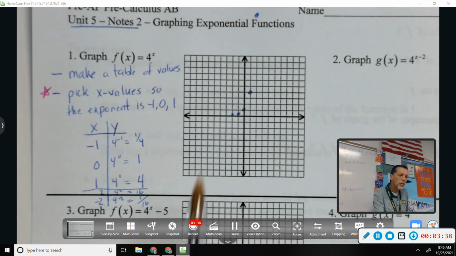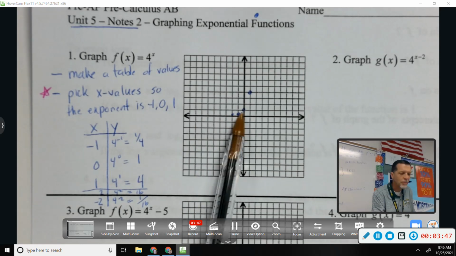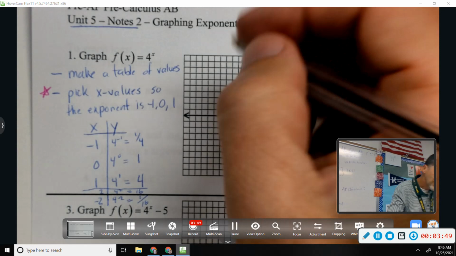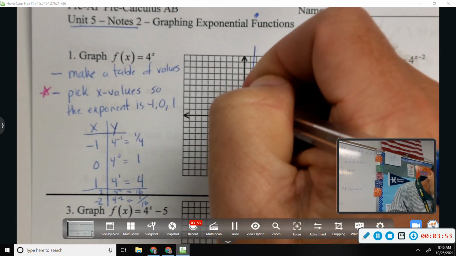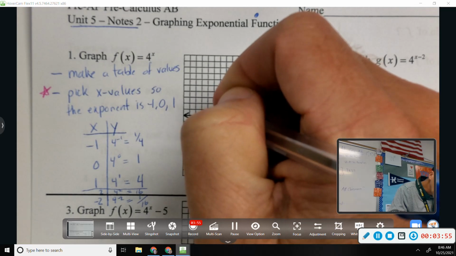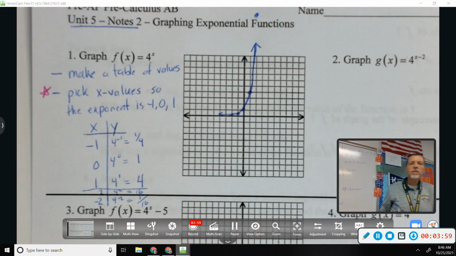What would the next point over be if we plugged in -3? 1/64. And then you're practically on top of the x-axis, you'd have to zoom out, which means what's going on there? There's an asymptote. So it's a pretty steep curve there, and there is an asymptote there.